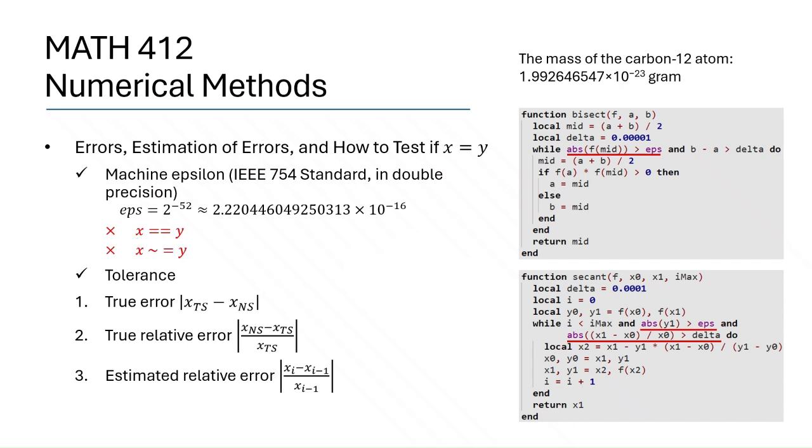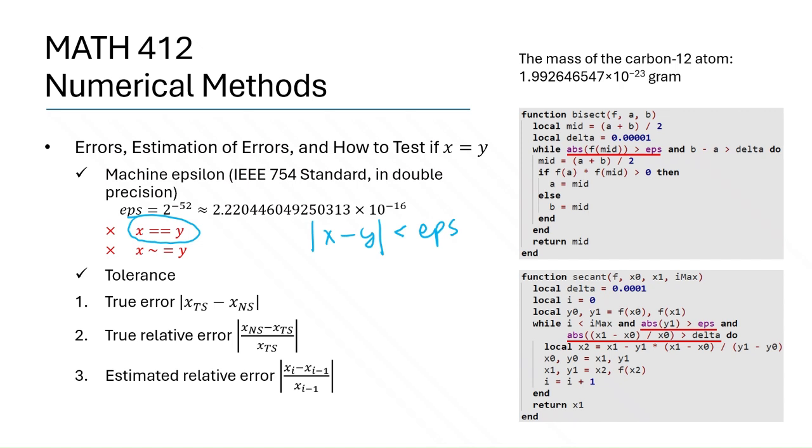Now when we code, for two floating point numbers, we cannot use this to test if they are equal to each other. How to do it? You check whether the absolute value of the difference of the two numbers is less than epsilon. If yes, that means they are the same, no difference.